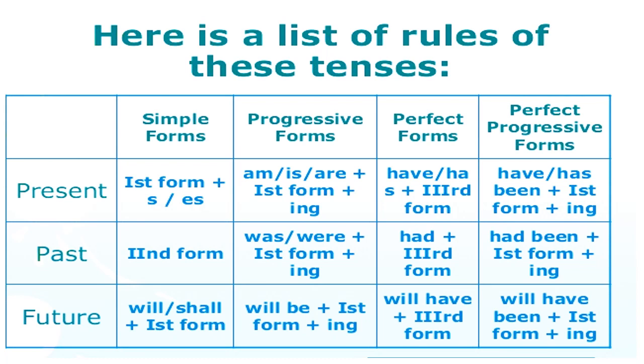These forms are common for different types of subjects. Perfect forms will have plus past participle, and finally perfect progressive forms will have been plus first form of the verb plus ing. There is no change if I use different subjects.